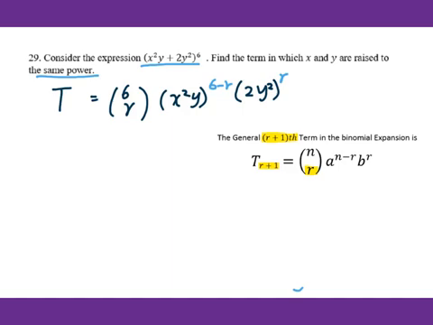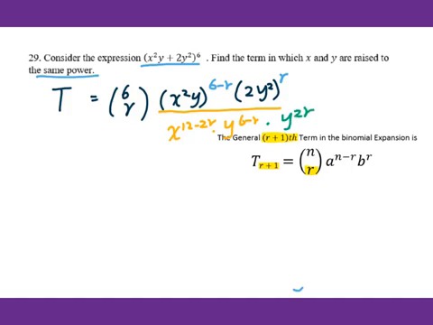Then we need to organize for x and y. So we get x to the 12 minus 2r times y to the 6 minus r's power, then times y to the 2r's power.